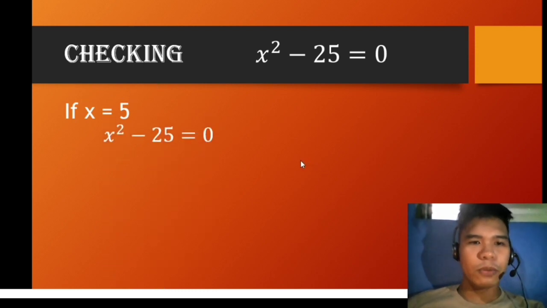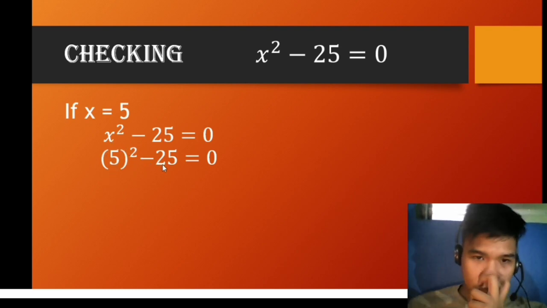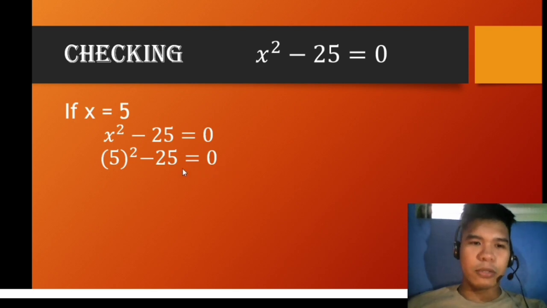All we have to do is substitute positive 5 into the original equation, x squared minus 25 equal to 0. So we use 5 as x. That will become 5 quantity squared minus 25 equal to 0. By simplifying, 5 squared is 5 times 5, and that is positive 25. Copy, minus 25 equal to 0.